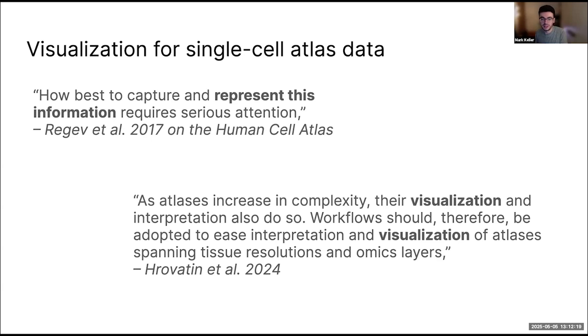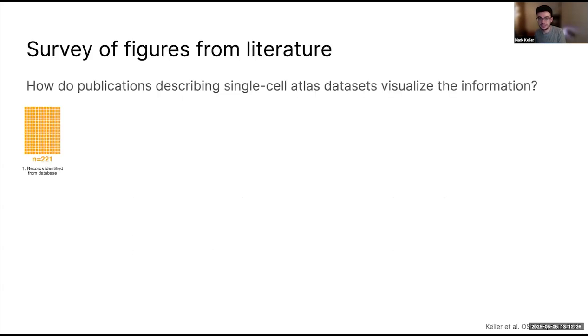So workflows should therefore be adopted to ease interpretation and visualization of atlases spanning tissue resolutions and omics layers. So to step back, we asked how these data sets are currently being visualized in publications.